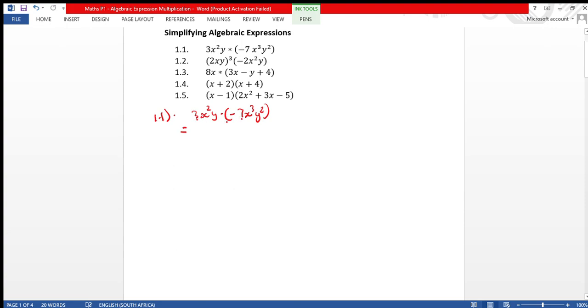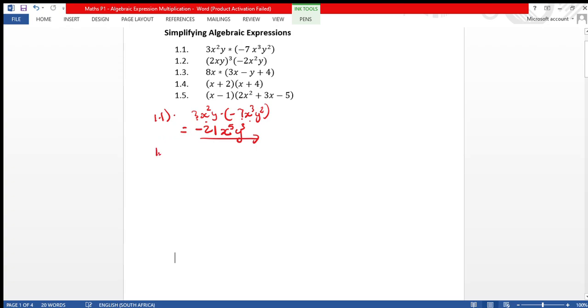So 3 times minus 7 is going to give us minus 21. x squared times x cubed is going to give us x to the power 5. Just remember, you add 2 plus 3, then you get a 5. That's where the power 5 is coming from. Then y times y squared is going to give us y cubed. So this is going to be the answer for 1.1.